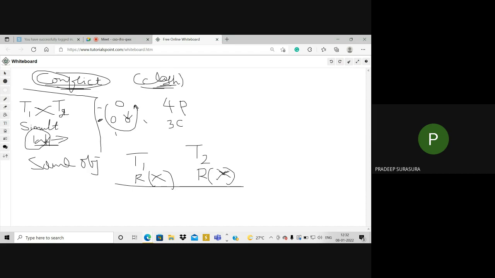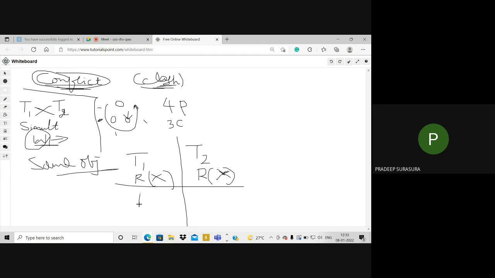So there must be at least two transactions, there must be a write operation, and both transactions are applied on the same object. Only then does a conflict occur. If both are in two different transactions and both are trying to read the same object simultaneously, then there is no problem.